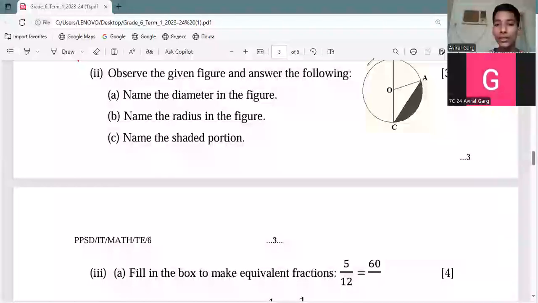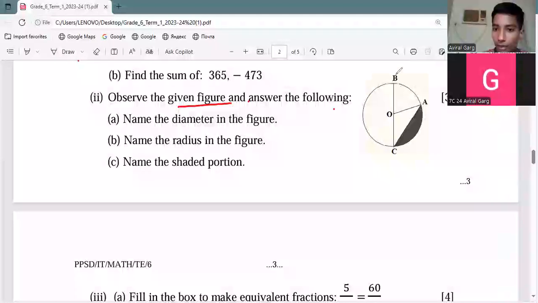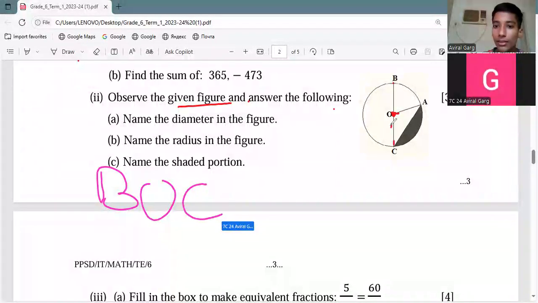Observe the given figure and answer the following. Name the diameter in the given figure. Wait, I'll scroll it up. See the diameter. Diameter is a line passing through the center. This is the center.